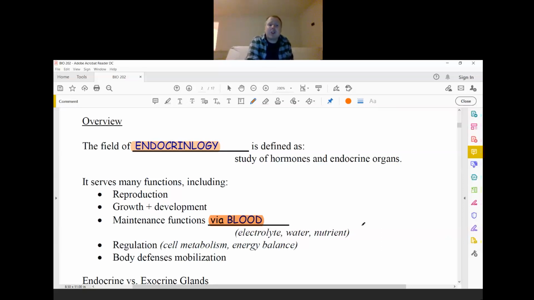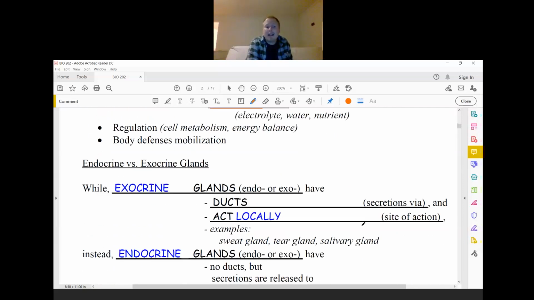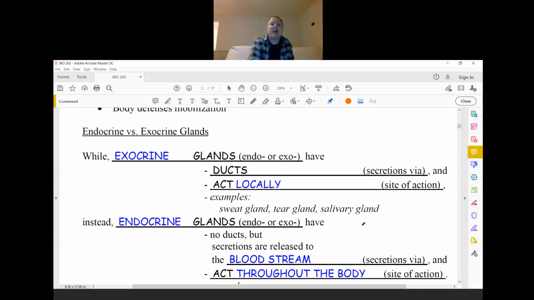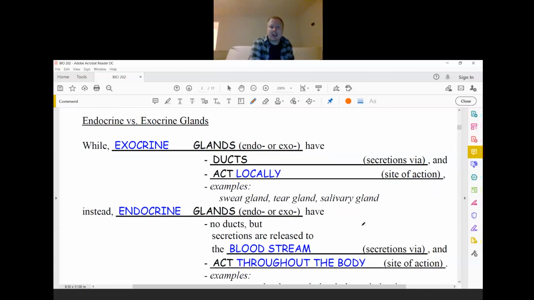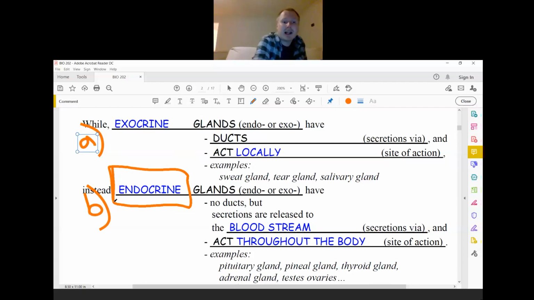Another theme that I just want to quickly mention, not go into great detail, is the difference between endocrine and exocrine glands. So you remember that glands by large could be divided into these two groups in the body. And of course, we are going to be focusing on these endocrine glands.